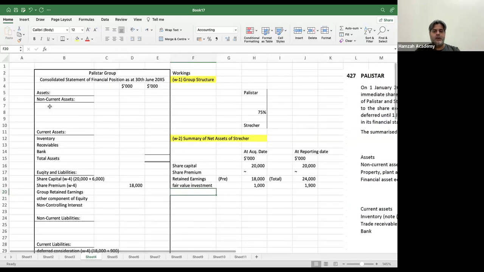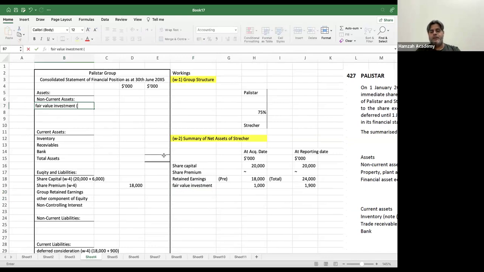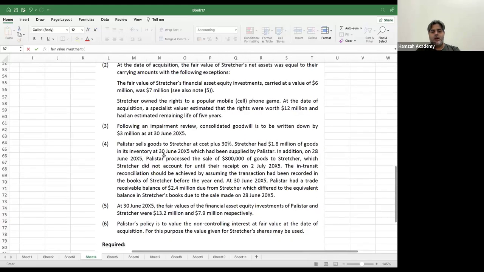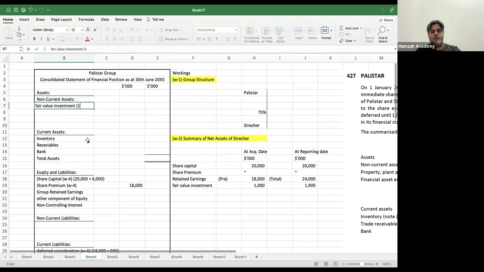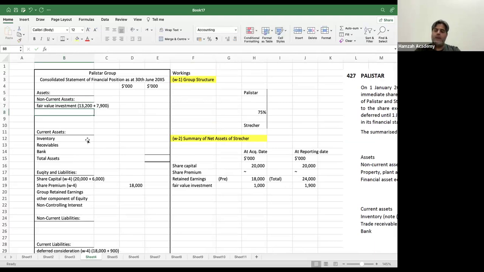Then I'm going to go into my non-current assets. I will simply write fair value investment over here, and my values are 13.2 and 7.9. So 13.2 and 7.9 over here, right?